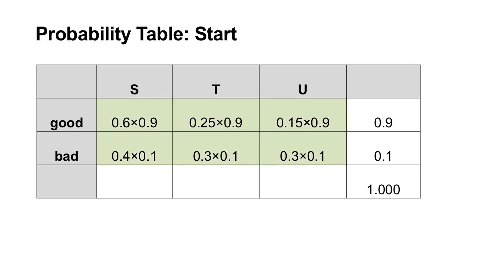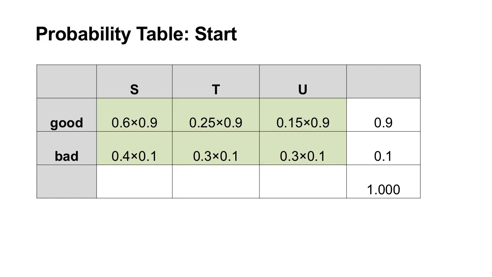In the interior, we can now use the general multiplication rule for dependent events to create the intersection probability. For example, the probability of a part good and S is 0.6 times 0.9. And so on, all the way to probability of bad and U, 0.3 times 0.1.